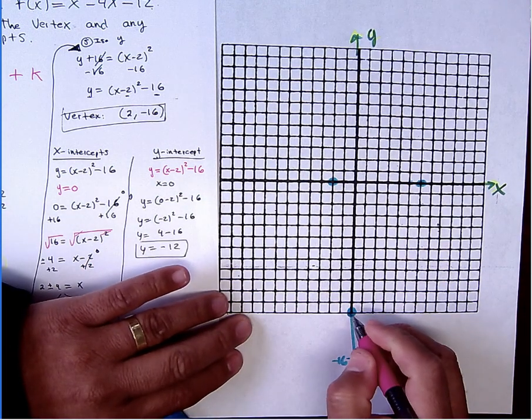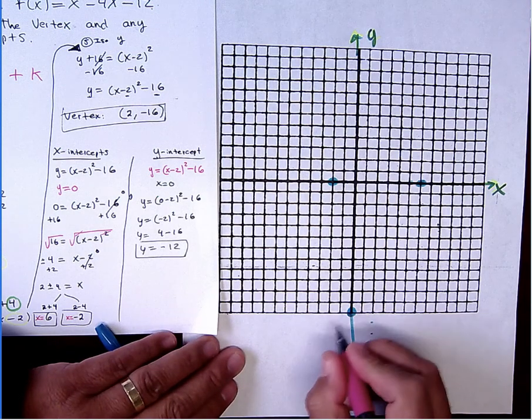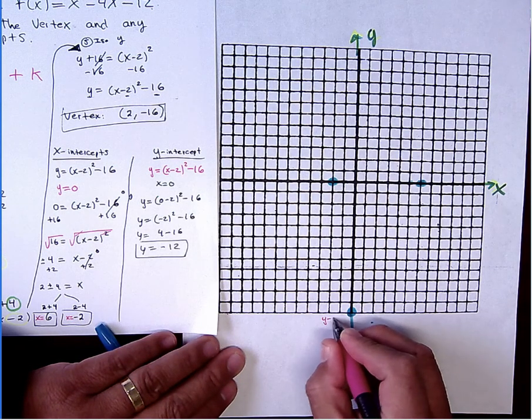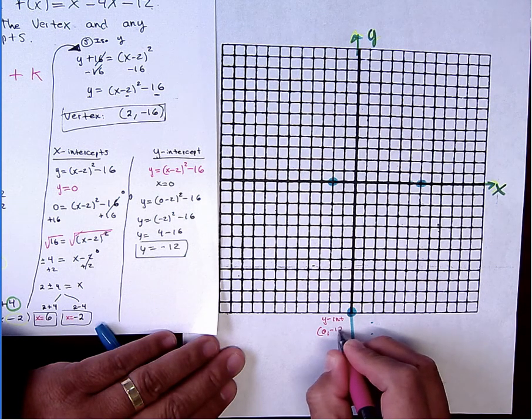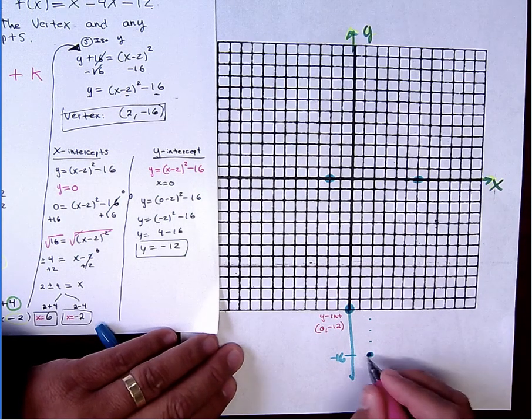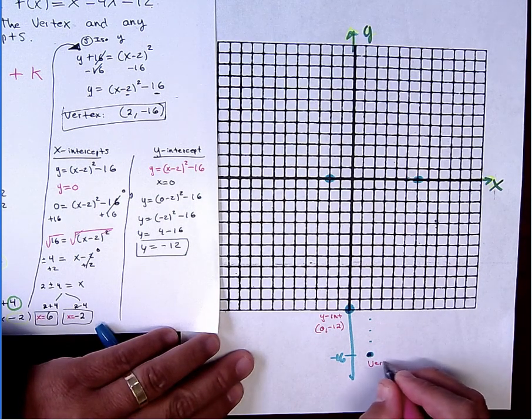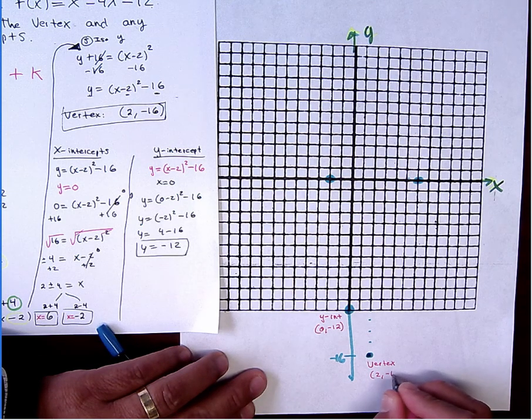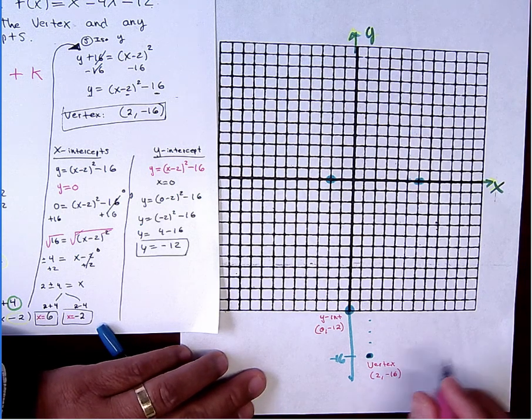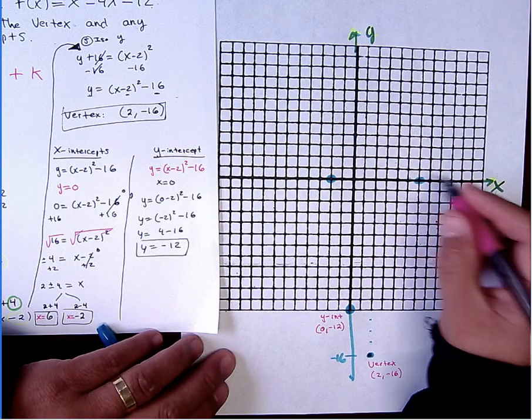So let me label them in case you need them. This is the y-intercept. It's 0, negative 12. This is the vertex, which is 2, negative 16. And this one is not going to show.